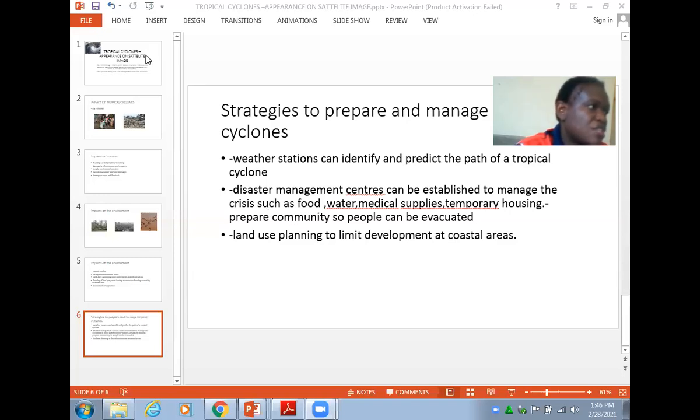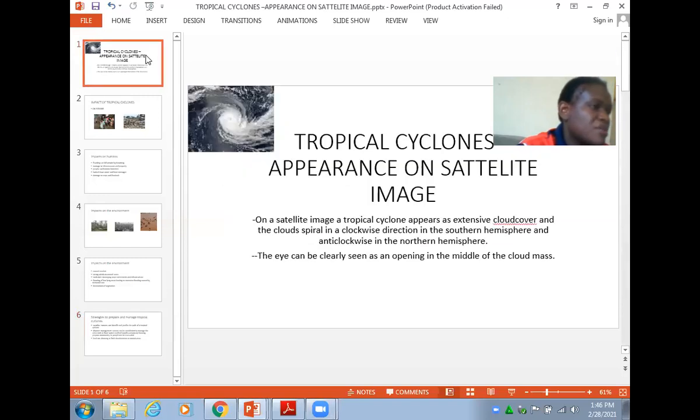We'll start with looking at the tropical cyclone's appearance on a satellite image. This is the appearance of a tropical cyclone on a satellite image. You need to identify these clouds. On a satellite image, it will appear as extensive cloud cover with clouds spiraling in a clockwise direction in the southern hemisphere.